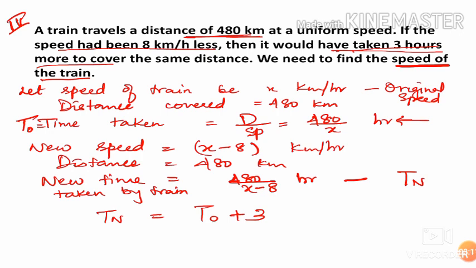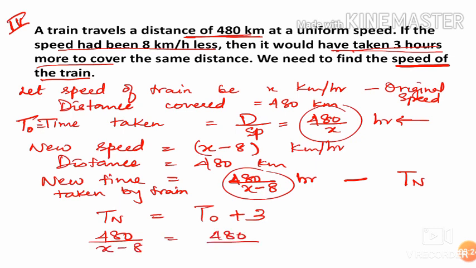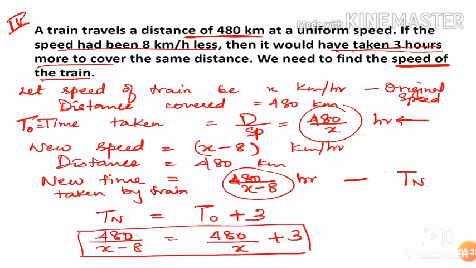Now we need to plug in the values that we have found for original time and the new time. So 480 divided by x minus 8 is equal to 480 divided by x plus 3. So we have got the equation.